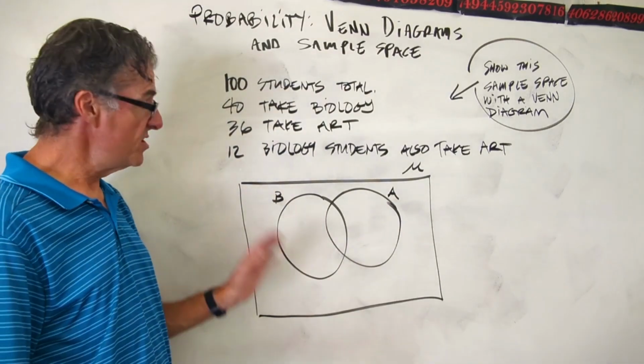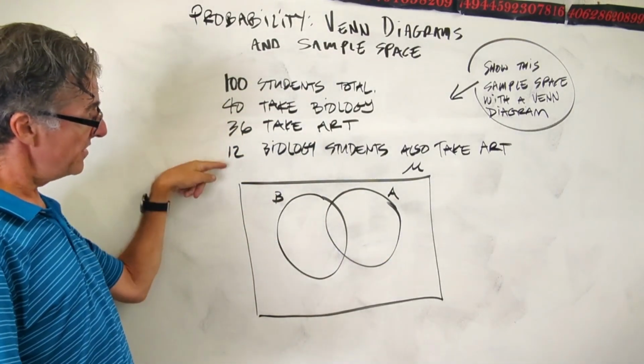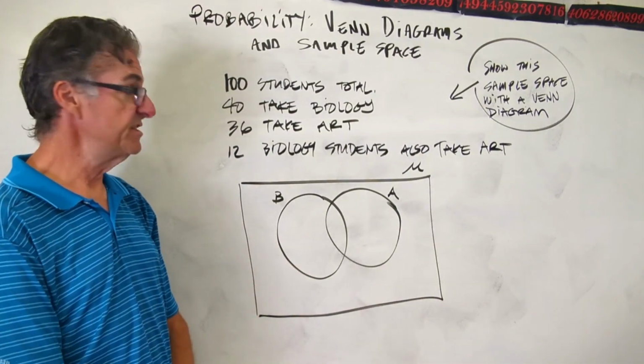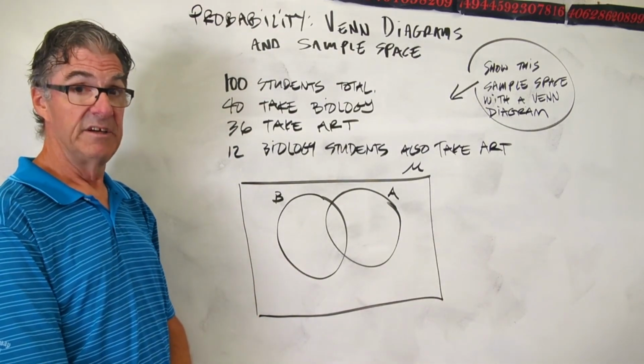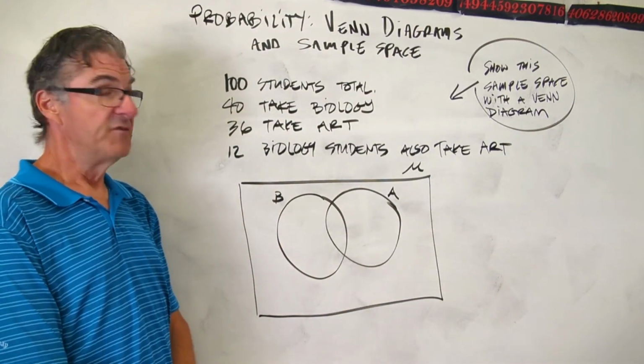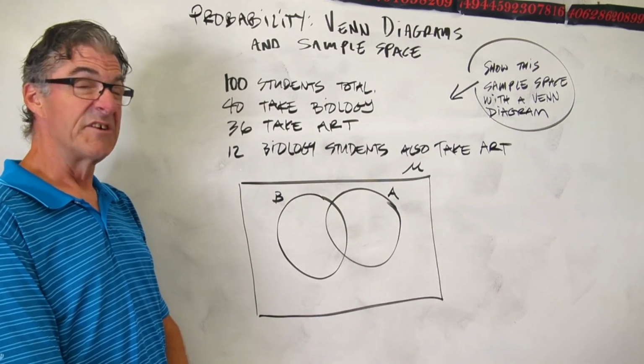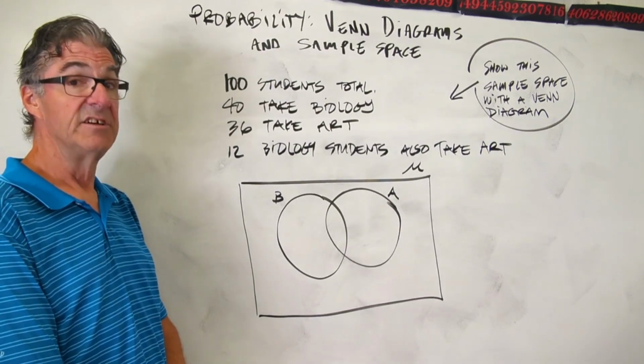Now we're going to be able to put numbers inside all of these circles, and we can use a little bit of math with the numbers they're given, and we can populate this Venn diagram completely. So take a look at your numbers and see if you can figure out, there's some numbers we could put on here right away. There's some that we have to do a little bit of calculating to find.